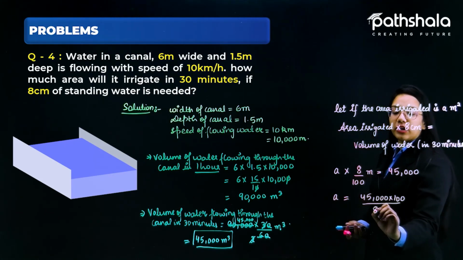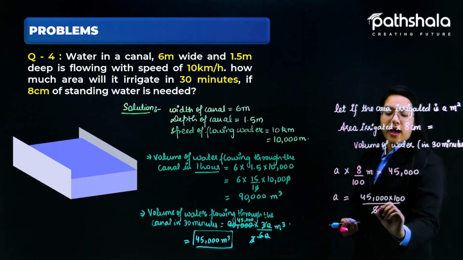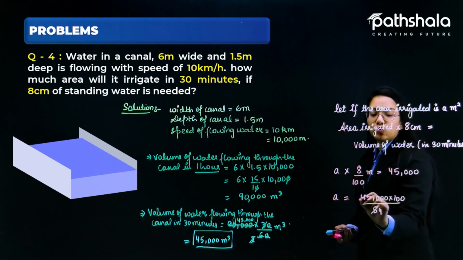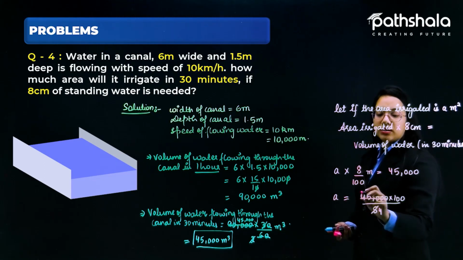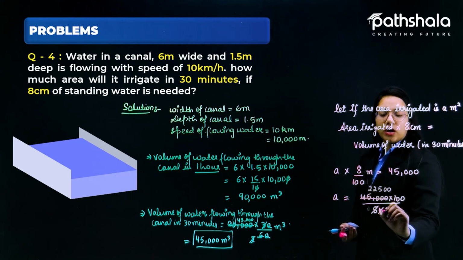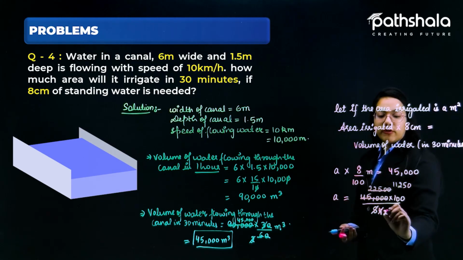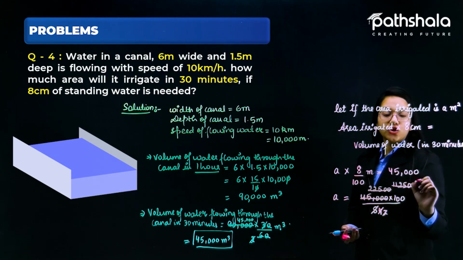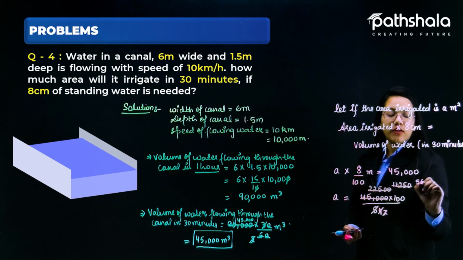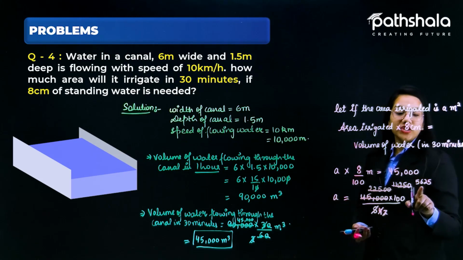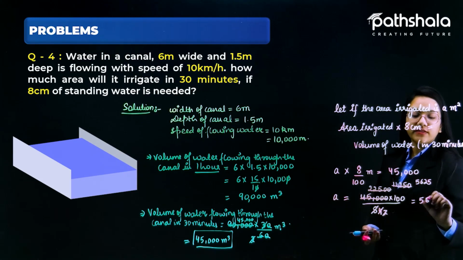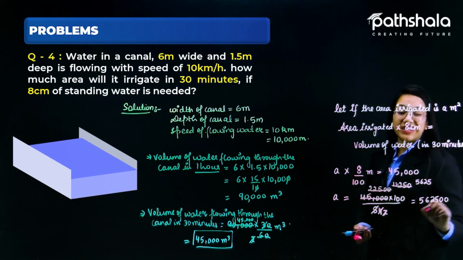Dividing this whole value and cancelling out, we have 2 into 2 is 4, 2 into 5 is 10, and so on, and we get 5625 into 100, which is equal to 562,500 meter square.